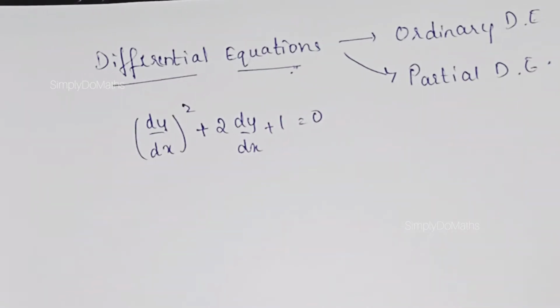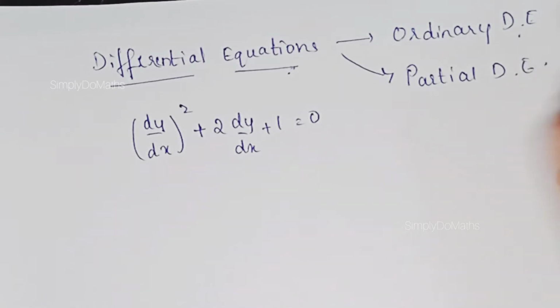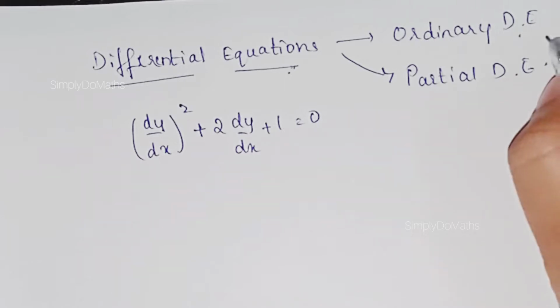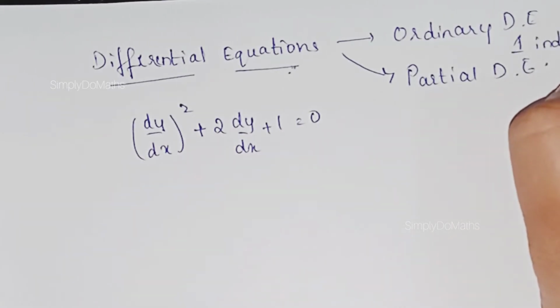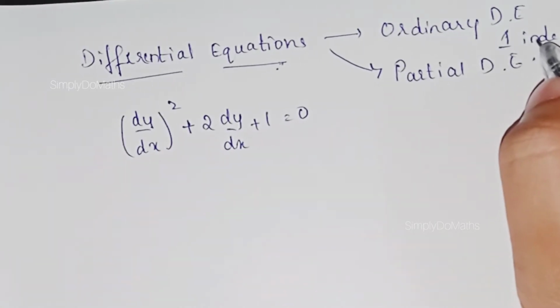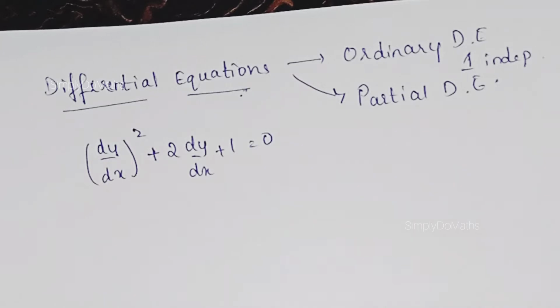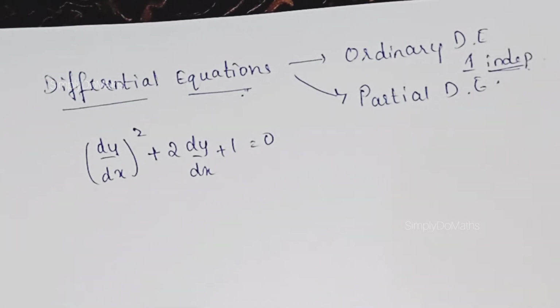Then what is the meaning of an ordinary differential equation? An ordinary differential equation is an equation in which only one independent variable is present, and the derivative of one dependent variable with respect to that particular independent variable.